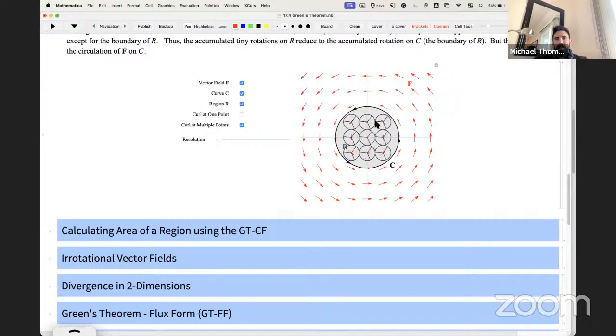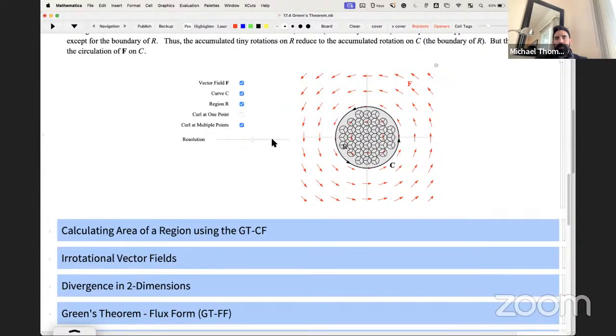If you were to calculate these little mini circulations on each one of these guys, they're going to cancel here because do you see they're rubbing against each other? One's rubbing down and one's rubbing up. They're canceling basically everywhere. And even as I increase the number of points visually, you can see that everything inside is canceling because they're rotating against each other in opposite directions.